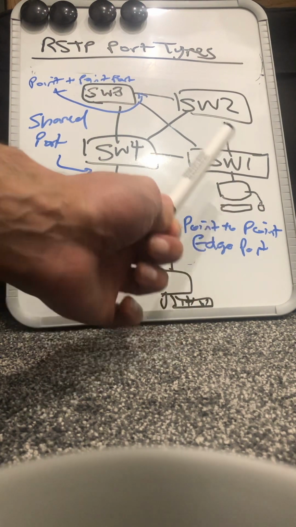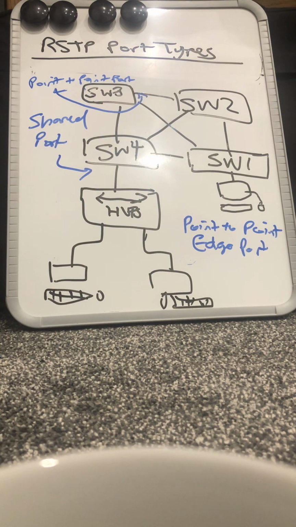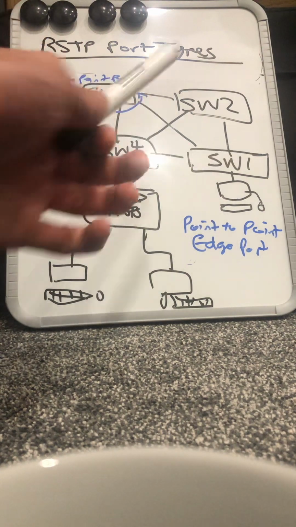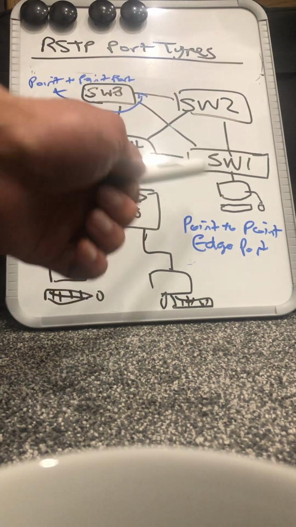The switch is connected directly to the client here, and this is the RSTP edge port. So when it comes to edge ports, that's what we need to be looking out for. How is the switch connected? Is it connected to a client or is it connected to a switch?